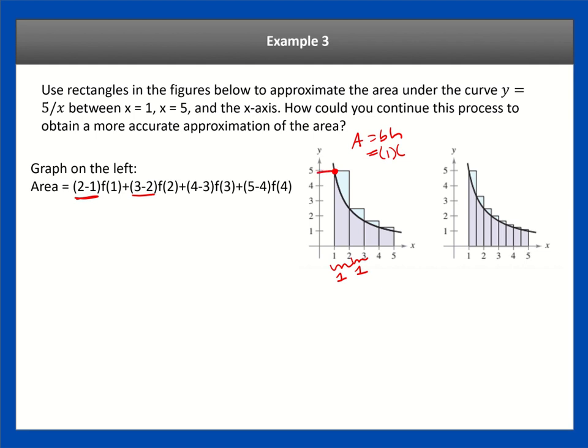So the height of the first rectangle is f of 1, which is 5. And then the height of the second rectangle is given by f of 2. To get f of 2, we know that the function is 5 over x, so it's going to be 5 over 2 in this case.